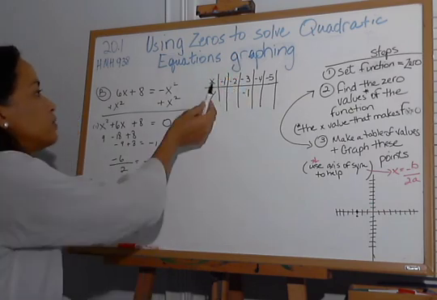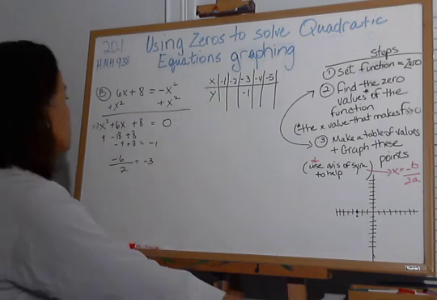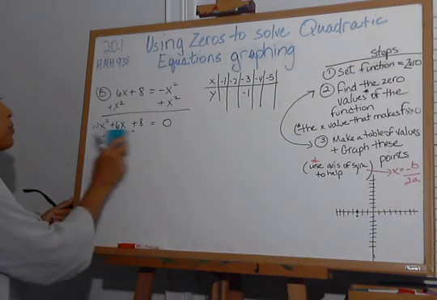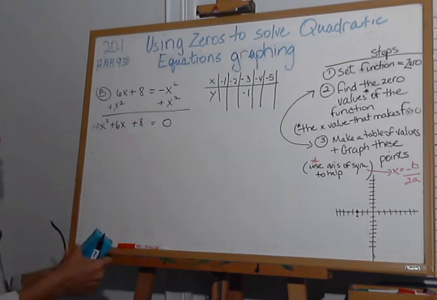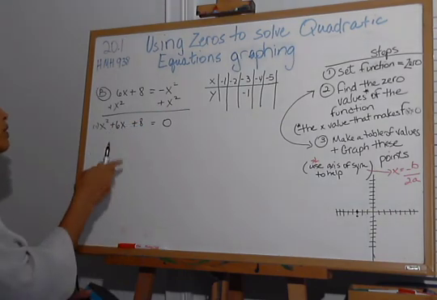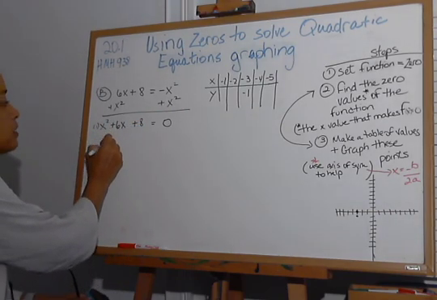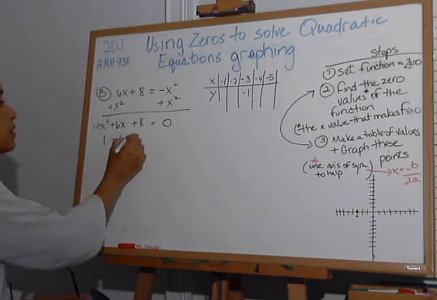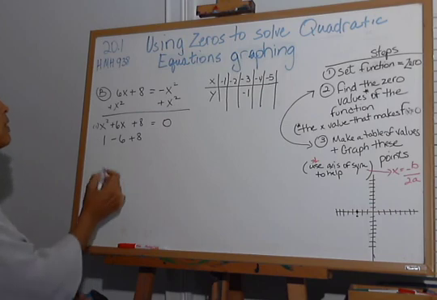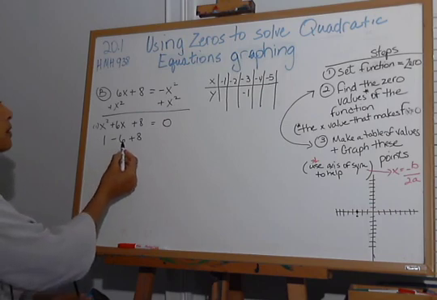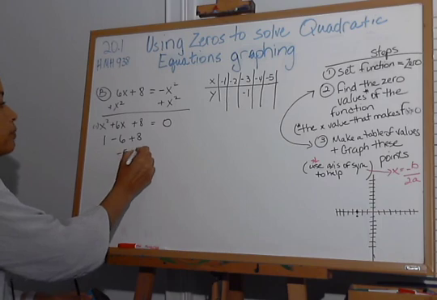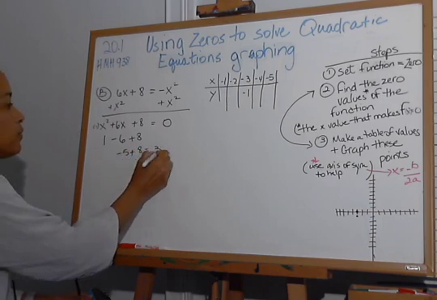All right, we'll start at negative 1. So what's going to happen when x is negative 1? Well, I'll just plug it in. Negative 1 squared, negative 1 times negative 1 is positive 1. Negative 1 times 6 is negative 6 plus 8. So 1 minus 6 is negative 5 plus 8 is going to give me 3.